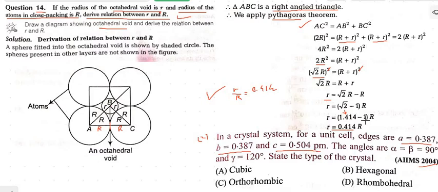Now please make sure it says a is equals to b, but that is not equals to c. While talking about the angles, alpha is equals to beta is equals to 90 and gamma is equals to 120. Now let me show you that table which we have learned previously, table 1.3.